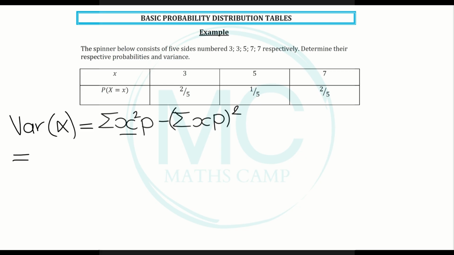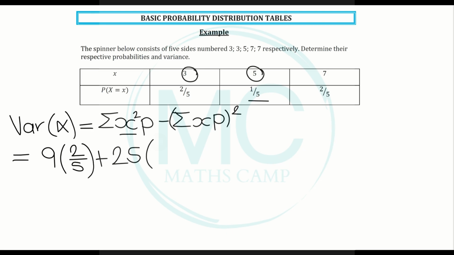So for the first value, we have 3. 3 squared is 9, so we say 9 multiplied by its probability, 2 over 5, plus, then we have 5. 5 squared is 25, multiplied by its probability, 1 over 5, plus, we have 7, so we can say 7 squared, which is 49, multiplied by its probability, 2 over 5.